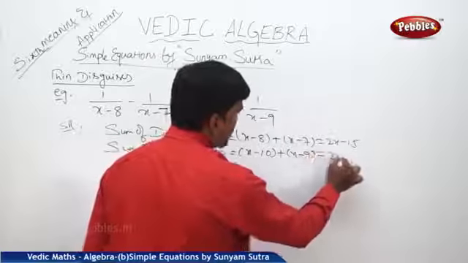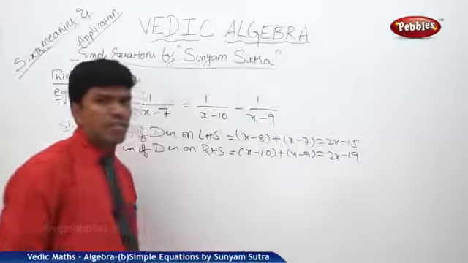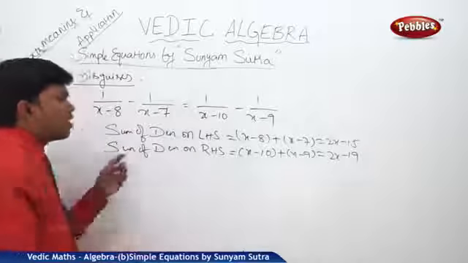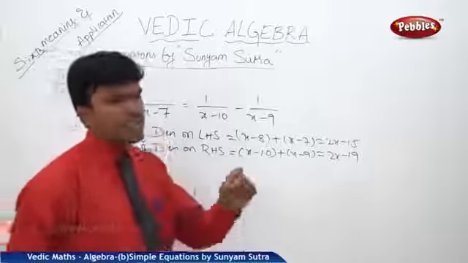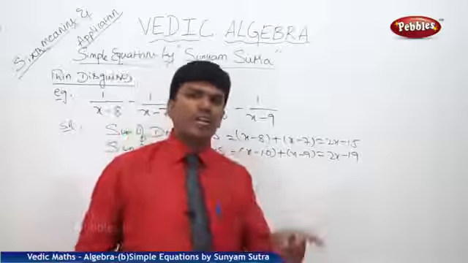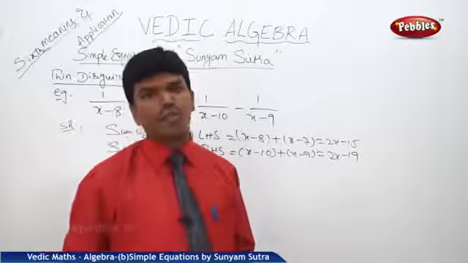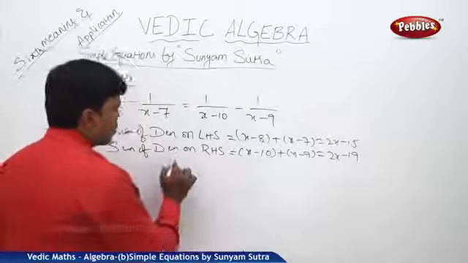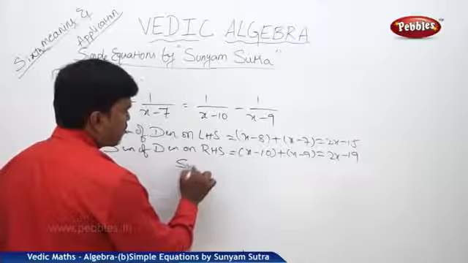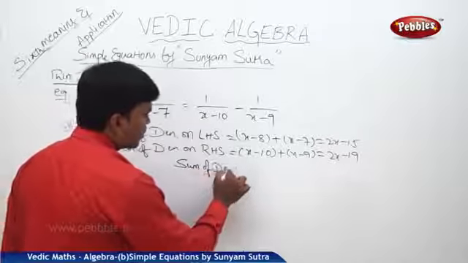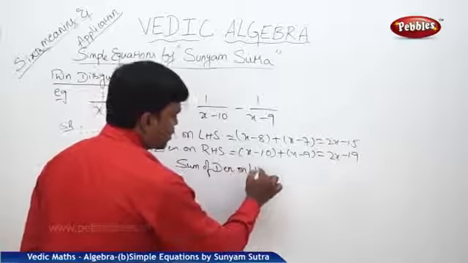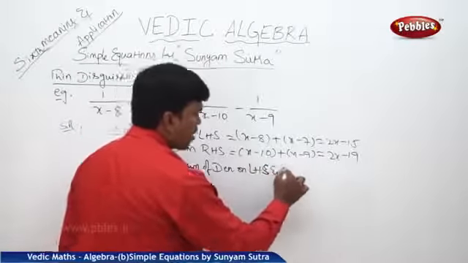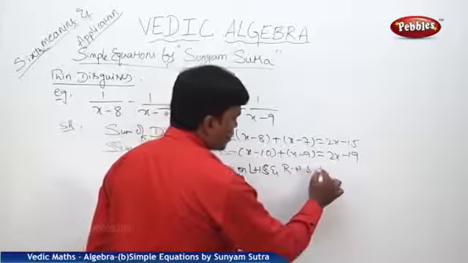How much is it? 2x minus 19. Now check whether the sum of denominators on LHS and on RHS are the same. No, they are not the same. They are different. So the sums of denominators on LHS and RHS are not equal.